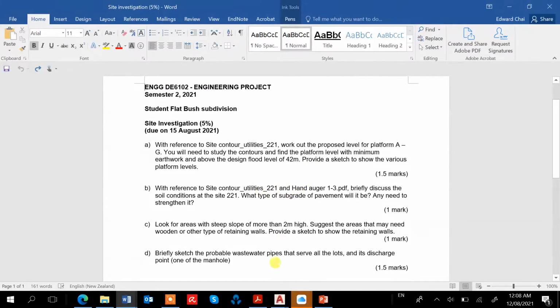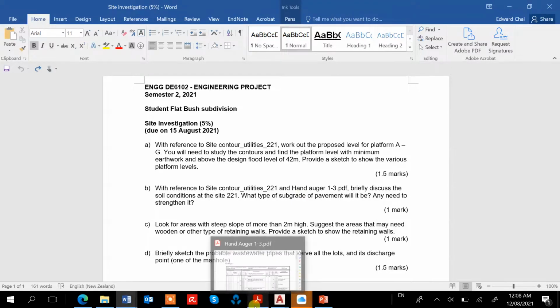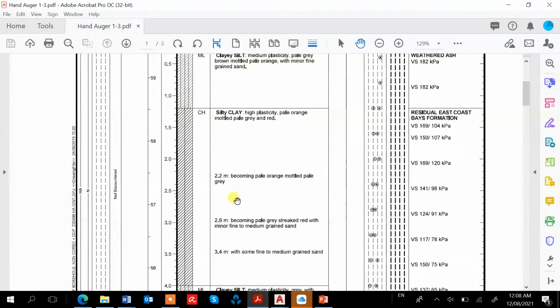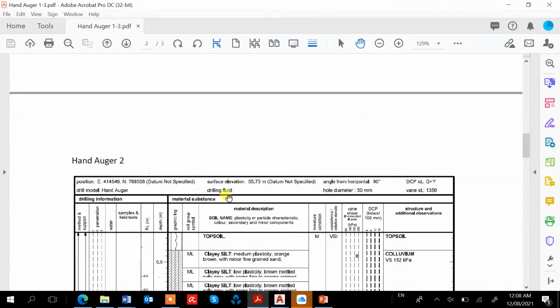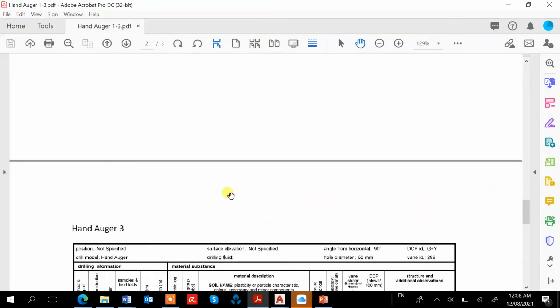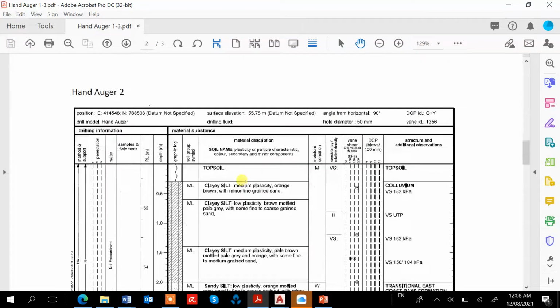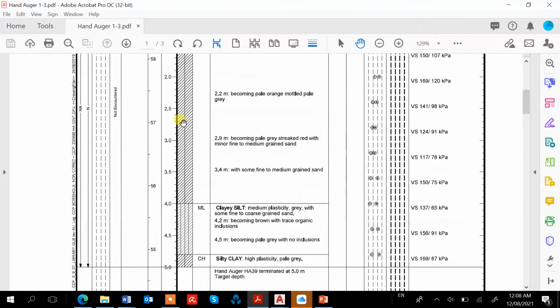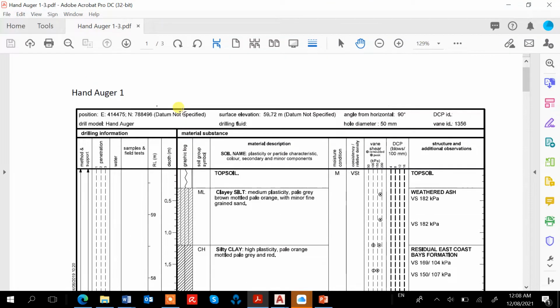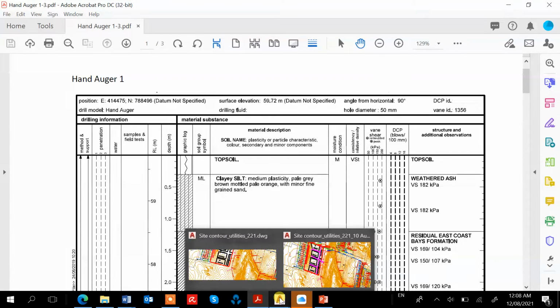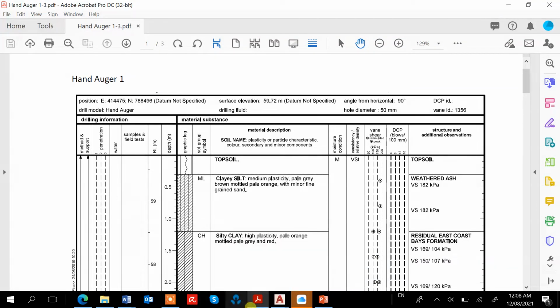The third condition, I think you just look at the hand auger result. Okay, so we have HA1, and then we have HA2, and then we have HA3. I think you need to look at certain parts. HA1 will be around platform A. I think the bottom one, HA1, is near the road, and HA3 will be inside, near the back.